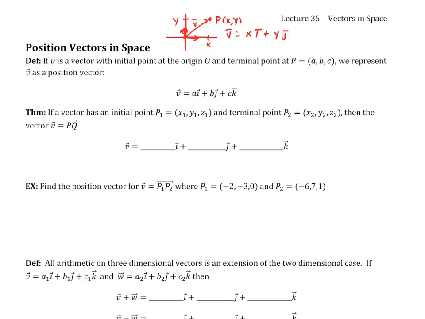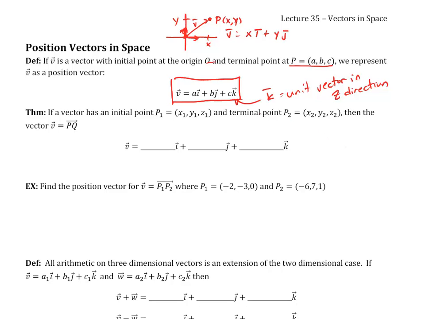Well, if we now have a 3rd dimension to deal with, we're going to introduce a new vector, which we'll call k, the unit vector in the z direction. So a vector v that starts at the origin and ends at the point a, b, c can be represented by this position vector, ai plus bj plus ck. So you represent it now with the 3 coordinates.